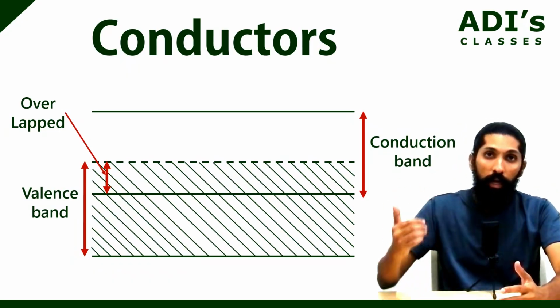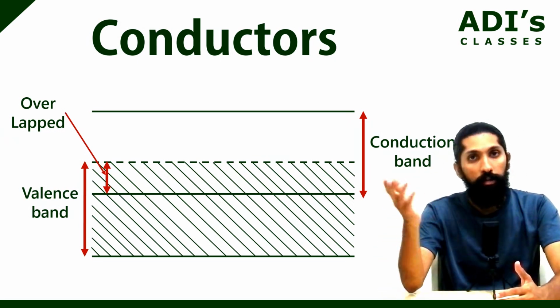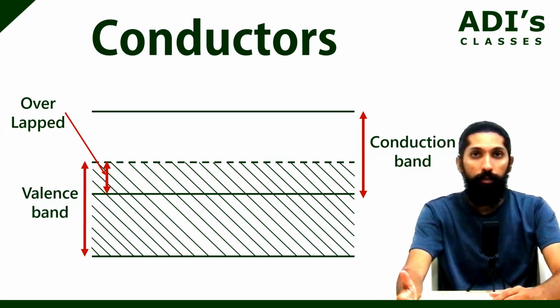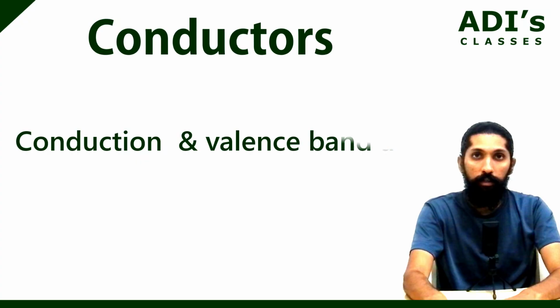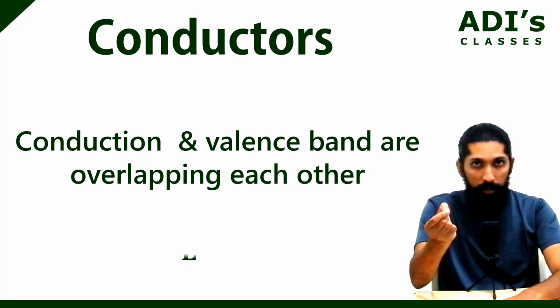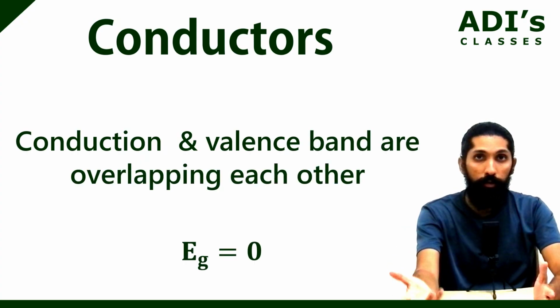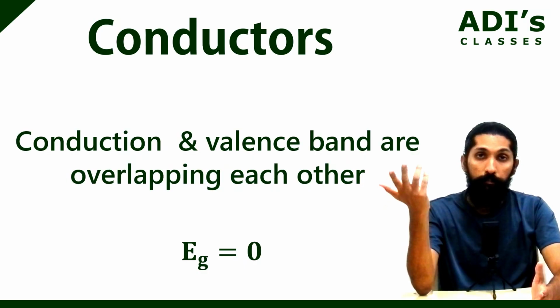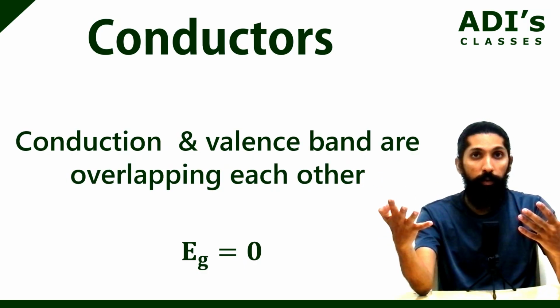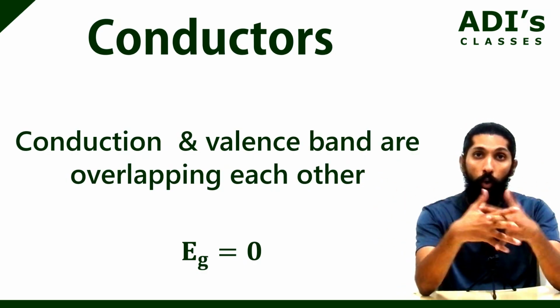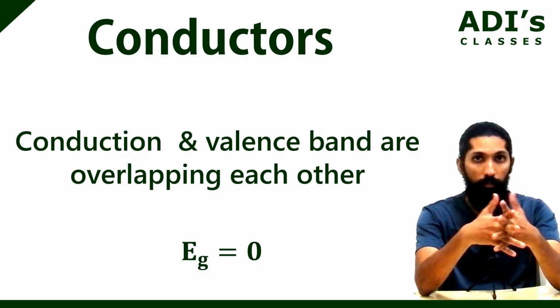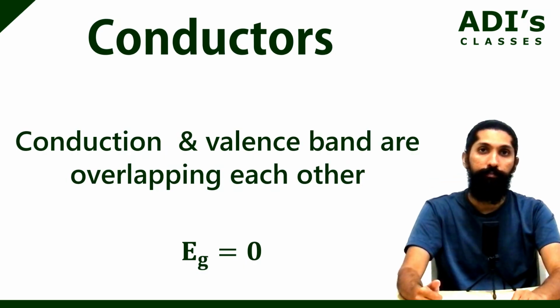I don't have to provide any energy to it. The electron will just go. This is what happens in a conductor. That's why even a small voltage is good enough for a conductor to conduct current, because the valence band and conduction band overlap each other.